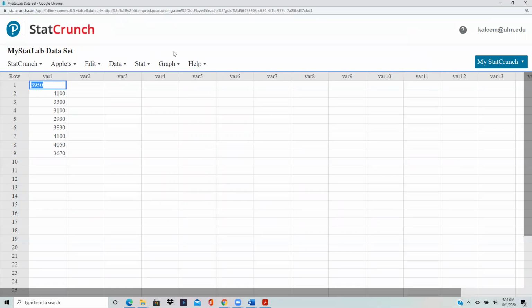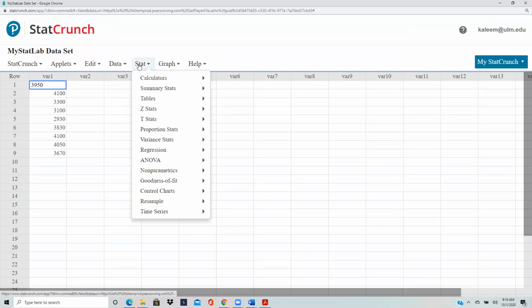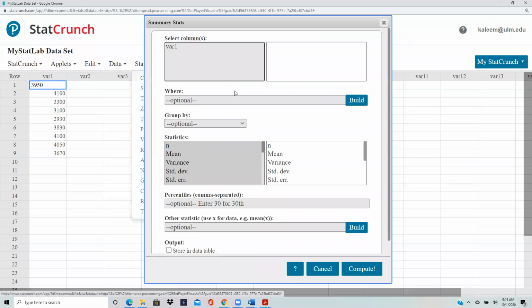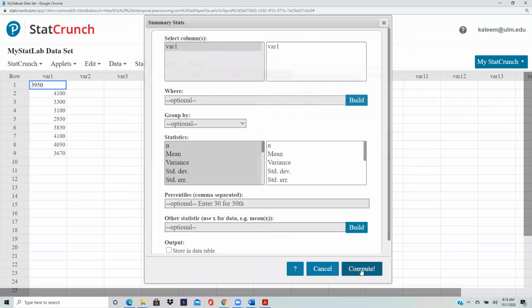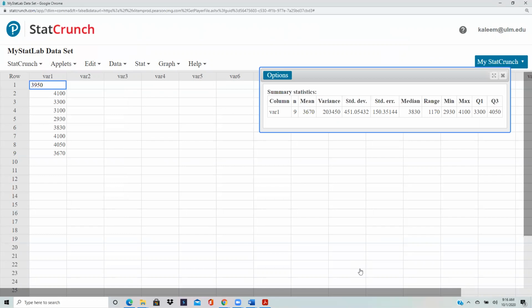So we'll go to stat and go to summary stats, columns, and then we'll select that column. And then we'll choose the mean. Or sometimes they are selected by default, right? Right. The mean is 3670.